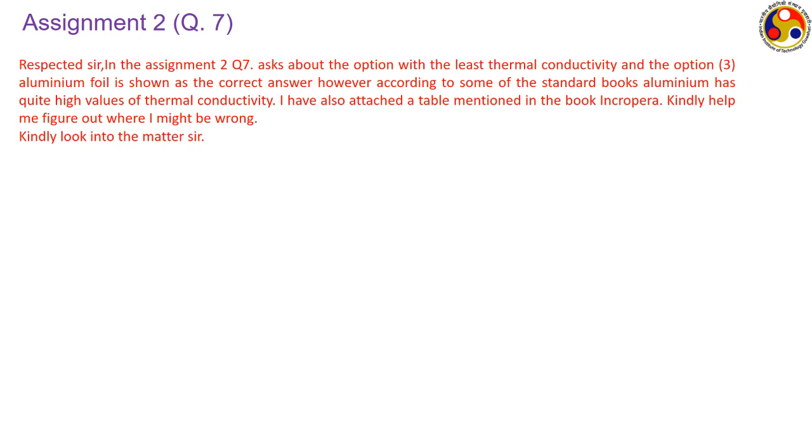So here you have to keep in mind that aluminum and aluminum foil are separate things. Aluminum is a metal which has quite high thermal conductivity, approximately in the range of 237 watt per meter Kelvin. However, aluminum foil is an insulator. All of you must have seen the aluminum foil used for packing foodstuffs.